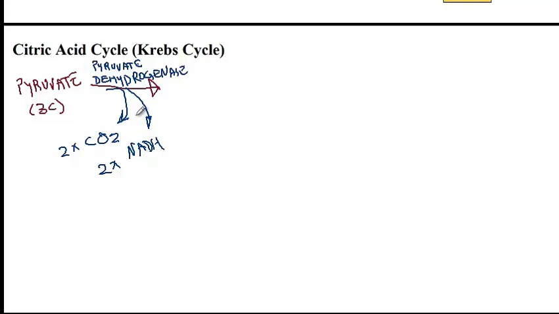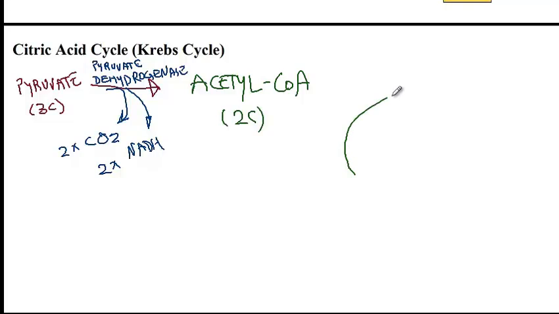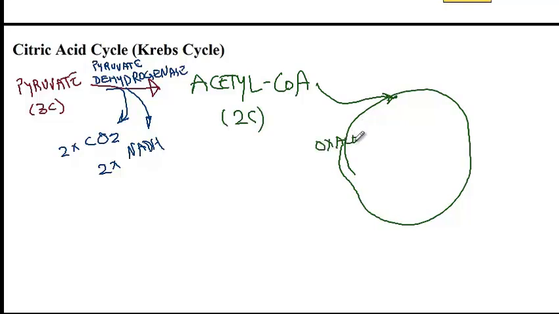So therefore everything is multiplied by 2 if we want to know the fate of one glucose molecule that we are discussing here. Now the product of this decarboxylation is acetyl coenzyme A, which is a 2-carbon molecule, and now this acetyl coenzyme A can enter the citric acid cycle. And so here we have the oxaloacetate, which is a 4-carbon molecule.